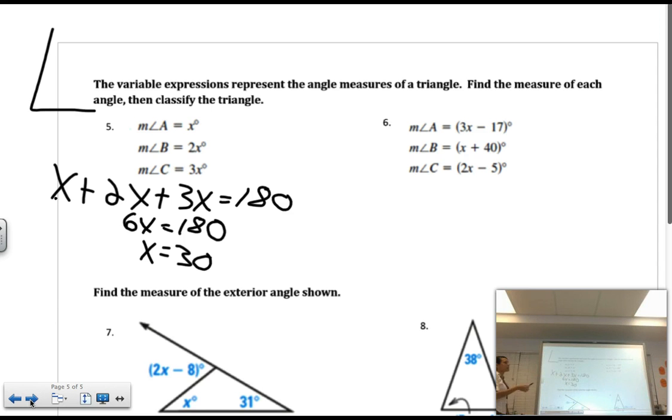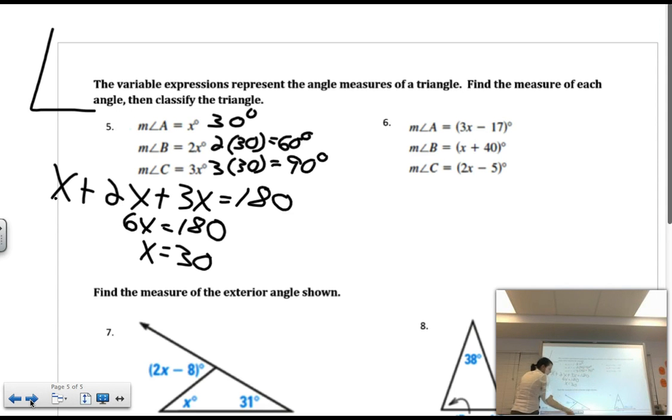Okay, so the next thing it asks you is to classify the triangle. Well, in order to classify a triangle, I need to figure out what the measures of the angles actually are. All you did here was solve for x. You need to know the measures of these angles. So what would I do with x to find the measures? Plug it in. So measure A equals 30. B would be 2 times 30, which is 60. 3 times 30, which is 90.